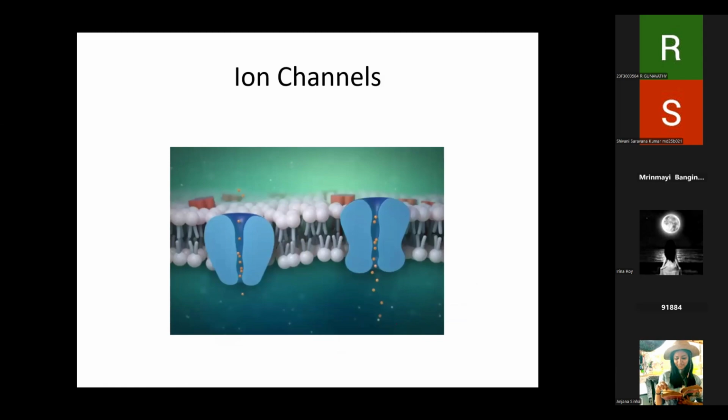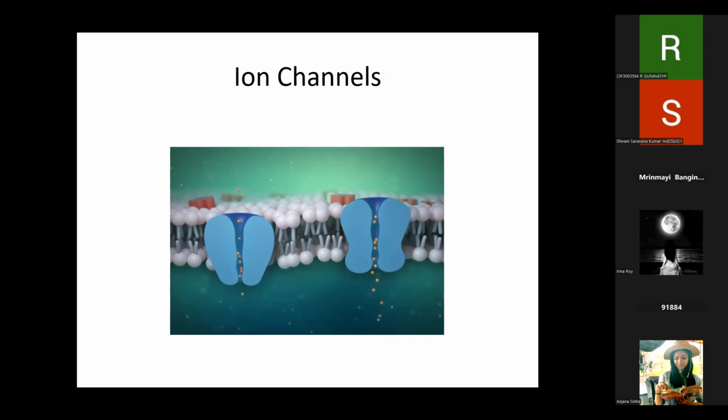So the lipid bilayer membrane itself is an insulating sheet, and the ions cannot cross through the membrane directly. If they have to cross the membrane, that happens through special pores called ion channels. These are basically proteins, membrane-spanning proteins, which cut across the membrane and form a small pore inside them. And the ions can go through this pore.